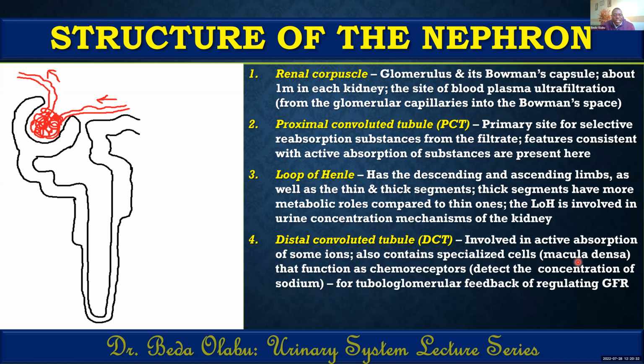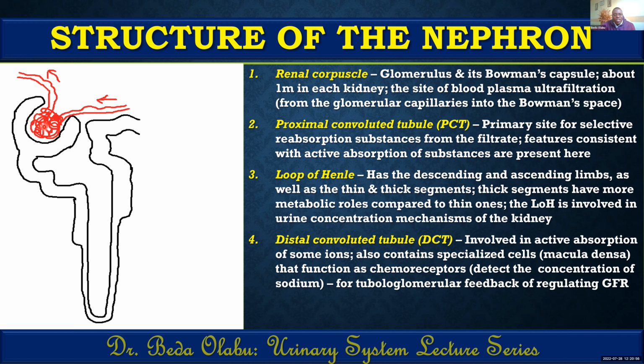And this is important in providing information for that particular nephron that helps it to guard or to control the amount of blood flow that enters through the glomerulus. And that in turn will control renal blood flow as well as controlling the glomerular filtration rate.